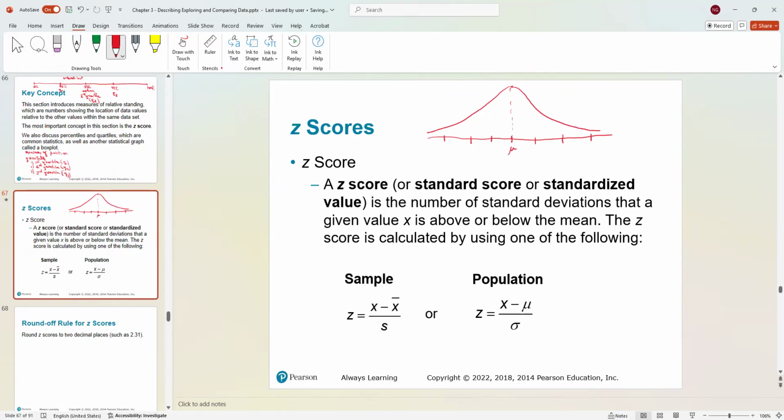So we can convert any x value using the mean and the standard deviation to z. Once you know z, you know where you are in terms of significantly low, significantly high, or neither. Remember, x bar in this case is the sample mean, and s is the sample standard deviation.